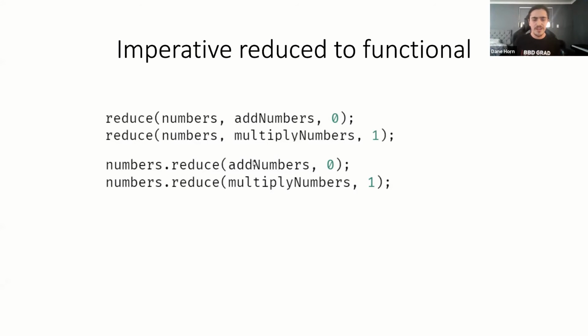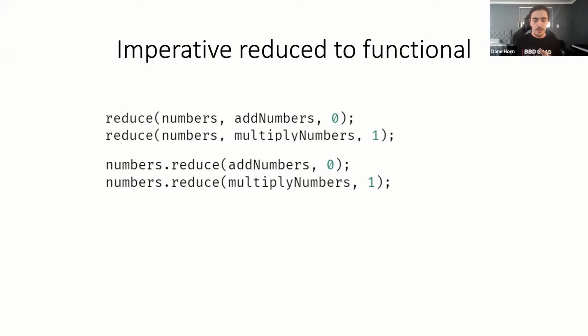And the technical definition for that is higher order functions. So a higher order function is a function that takes in another function as one of its arguments. And hopefully from this, you can see the power of this paradigm and how this can improve code, make it more generic and more concise.